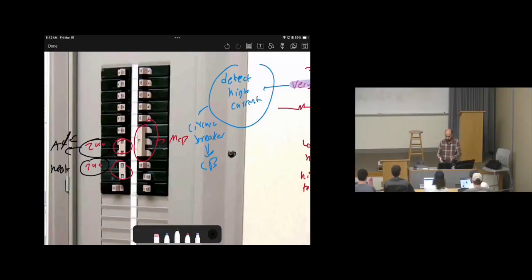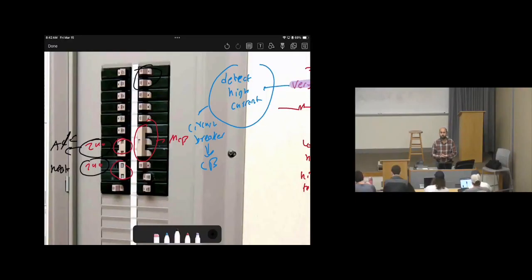Now, let's also talk about the single or the 120 volt circuit breaker. This 120 volt circuit breaker can be divided into two categories, two parts. One part associated with the lights, one part associated with, for example, wall plugs. What's the point of using this?